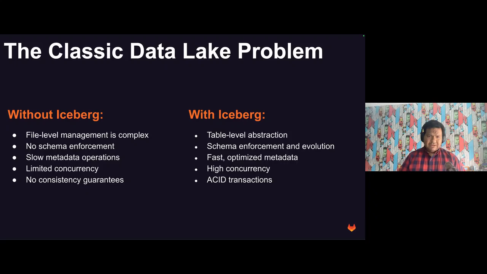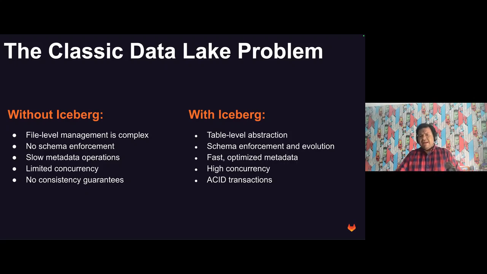Iceberg handles this pretty smoothly. It also handles evolving partition strategy and concurrent writers. If you want to do multiple writes, it's a much simpler and more controlled way in Iceberg in comparison to other traditional data lake solutions in the market.